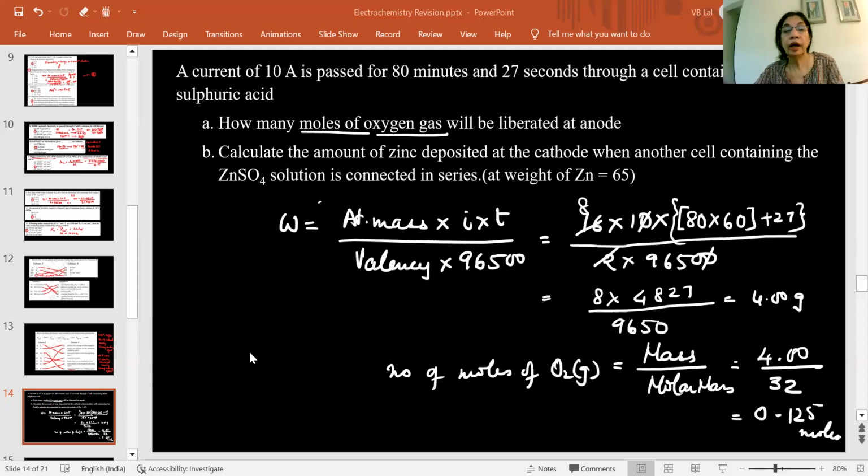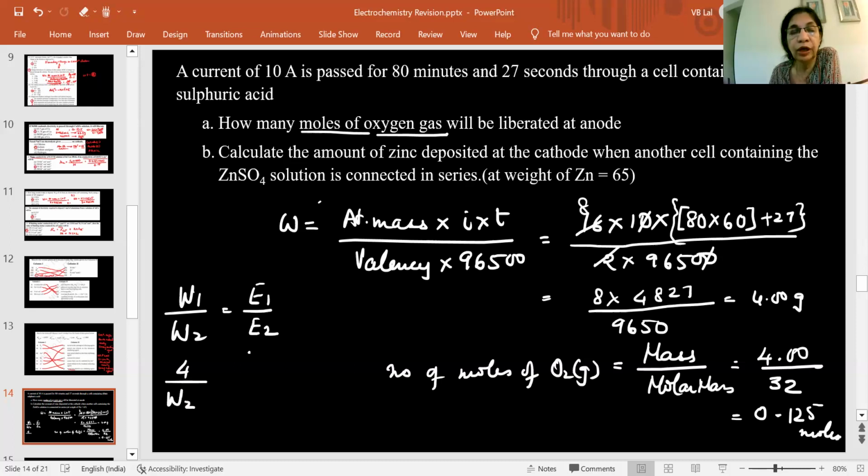Okay. Now, how will you do the second part of the question? Calculate the amount of zinc deposited at cathode when another cell containing zinc sulfate is connected in series. Okay, so what is the formula that we use? W1 by W2 is equal to E1 by E2. So what is W1 of oxygen? 4.